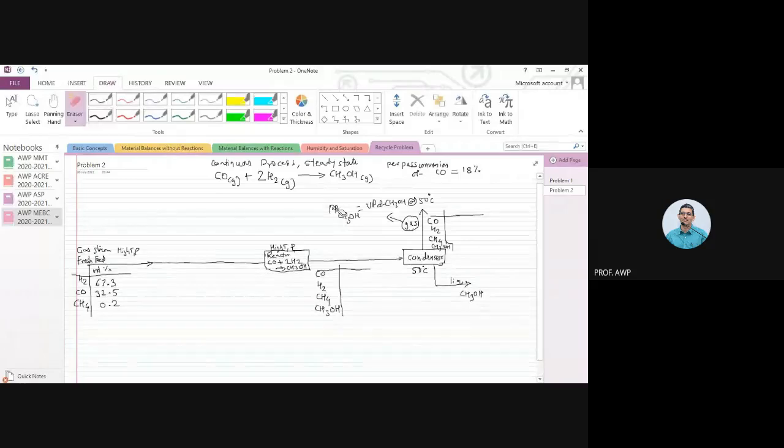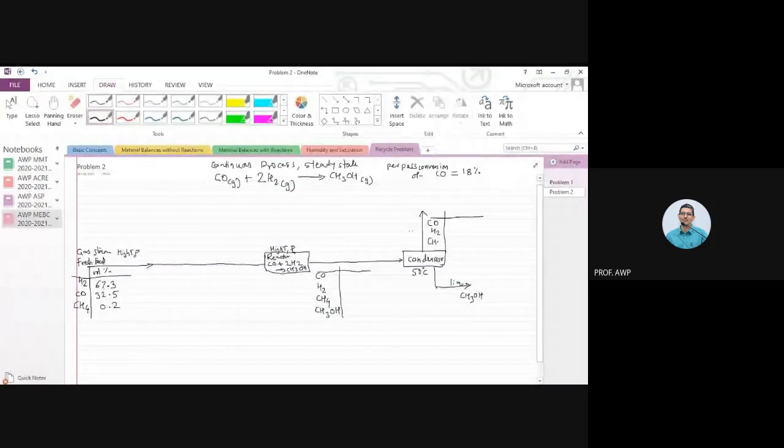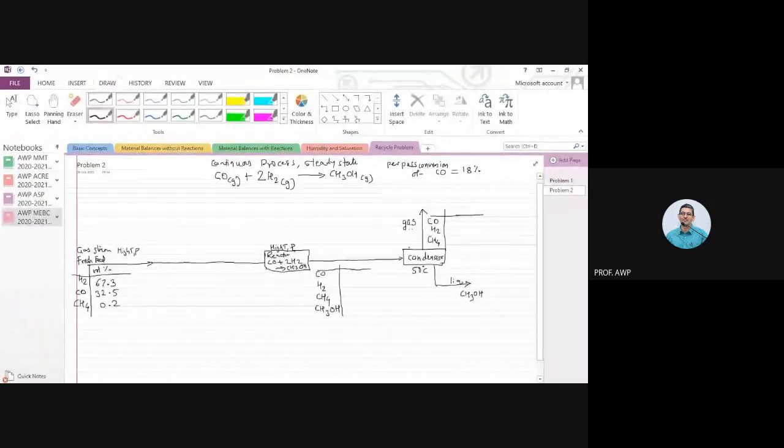But just to make your life simple just now, not every time, definitely not in exams, we are going to say that all the methanol condenses and no methanol goes in the gas stream. It is not correct, but just to make your life simple.